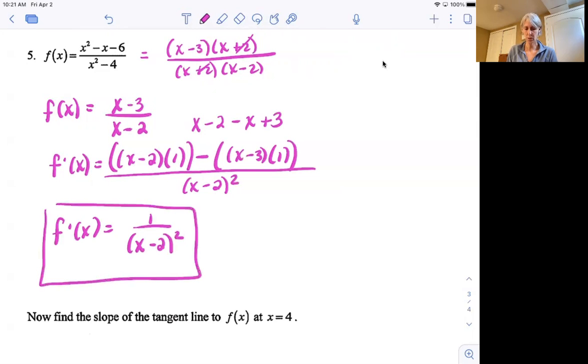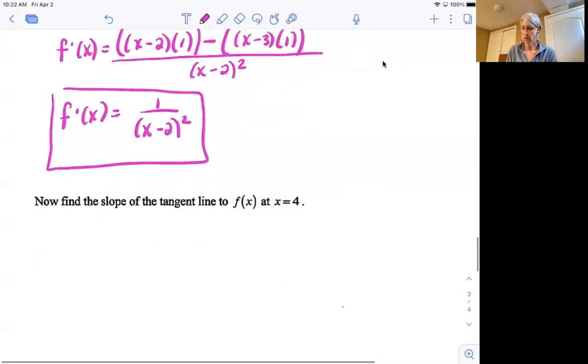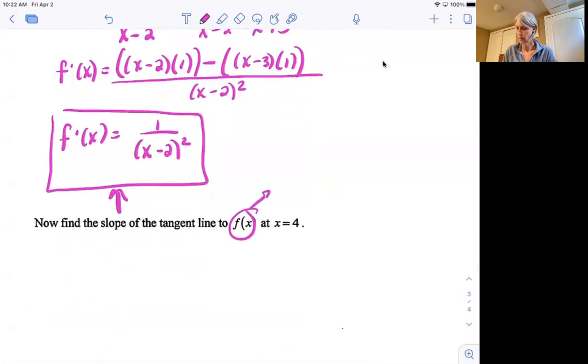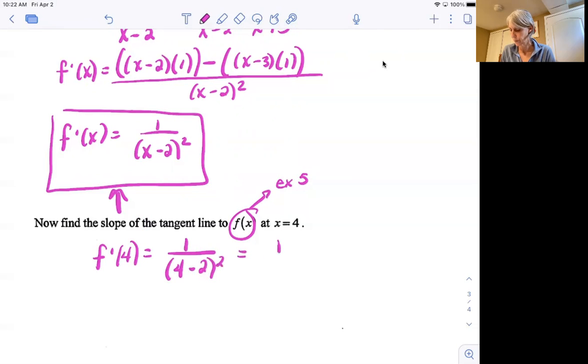Now let's use this function and find the slope of the tangent line to f of x. Example 5, at x equals 4, what would we do? Plug 4 into the derivative. Two squared is 4.